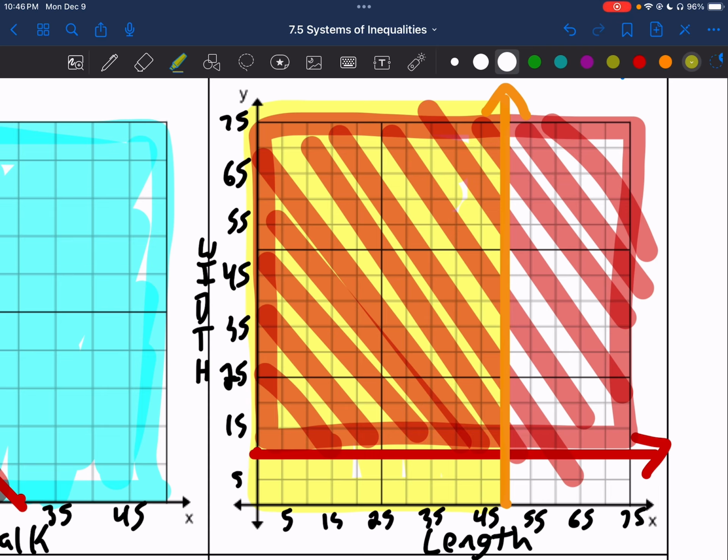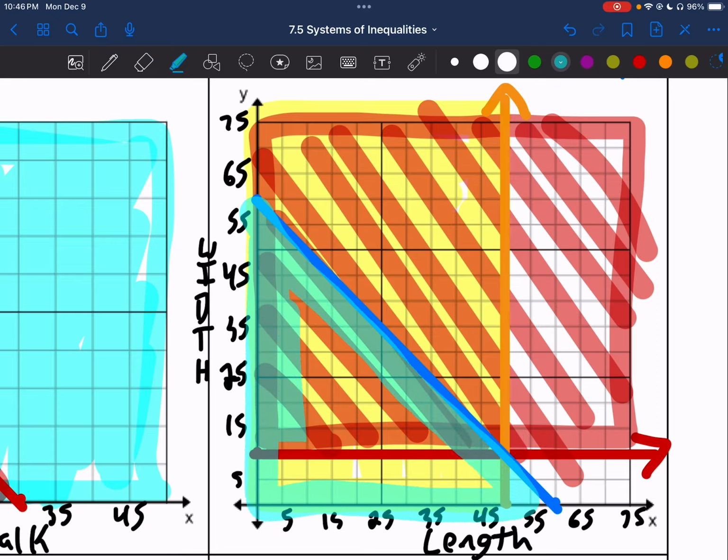And my third one, I have x is less than or equal to 60, y is less than or equal to 60. So I'm going to start with points at 60 on both of my axes, and I draw the line in between them. It is less than, so I'm shading below it. When I shade below that line, we get the region that is right there.